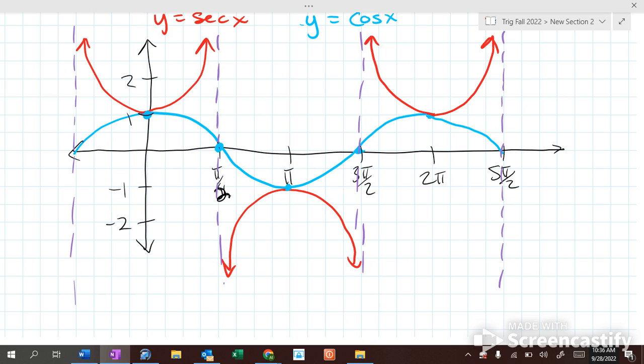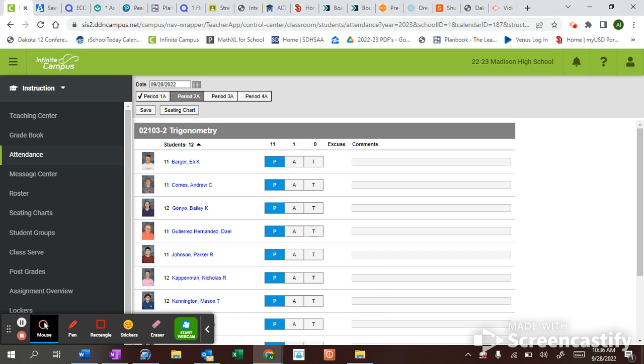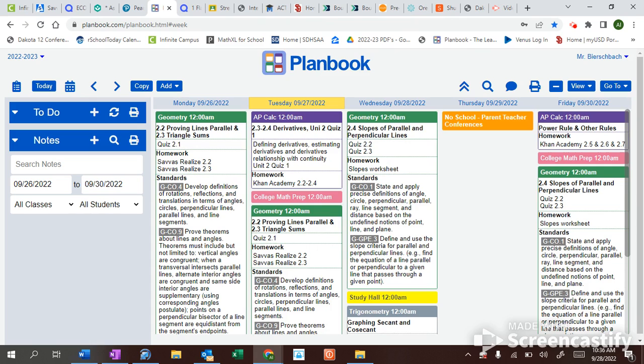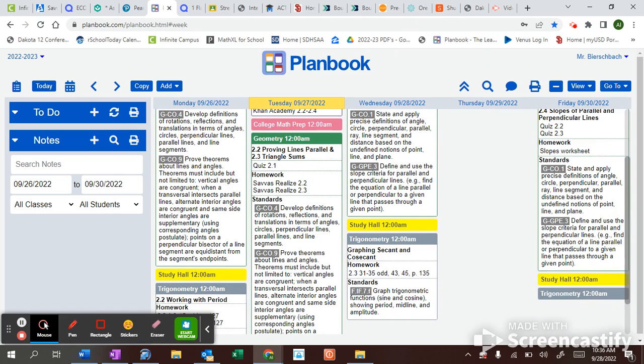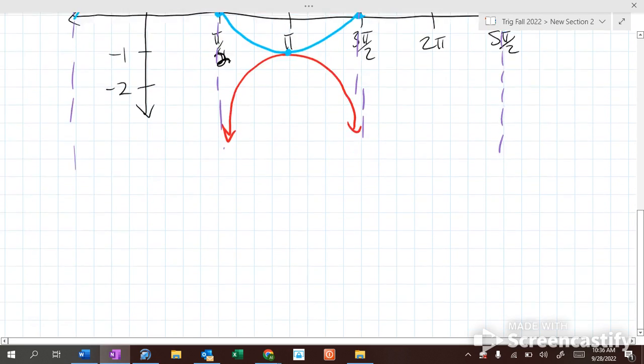I got to look at one thing really quick at my plan book here. Figure out exactly which ones we're doing. 31 through 35, 43 and 45. Yeah, that's what we're doing. Okay, just making sure.